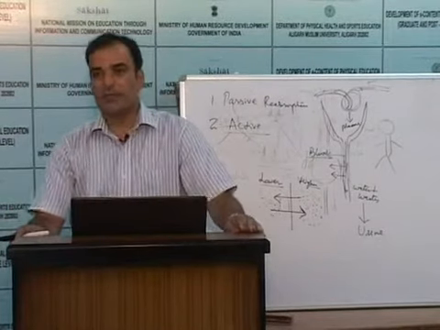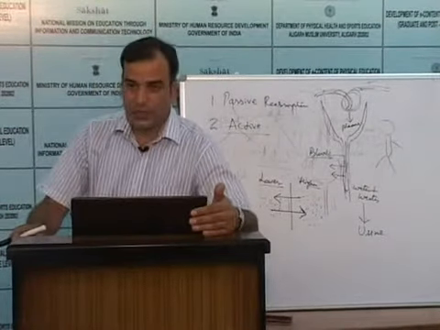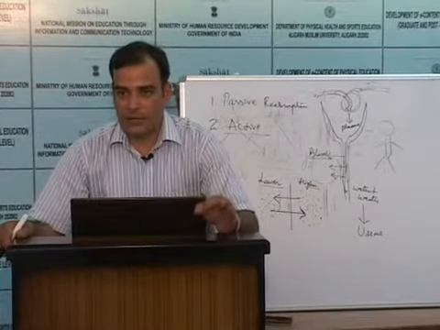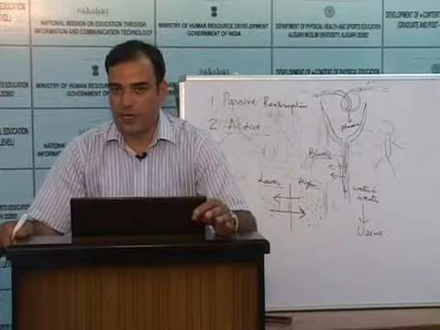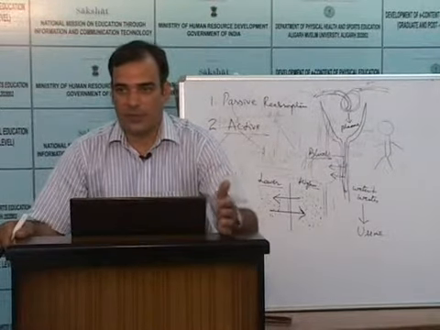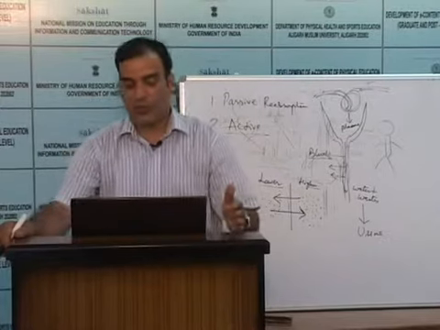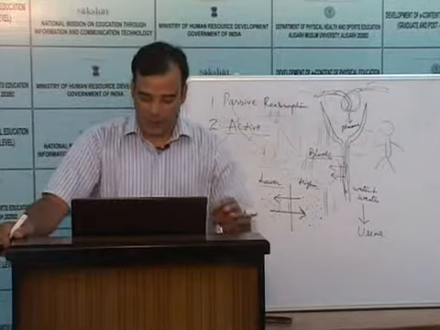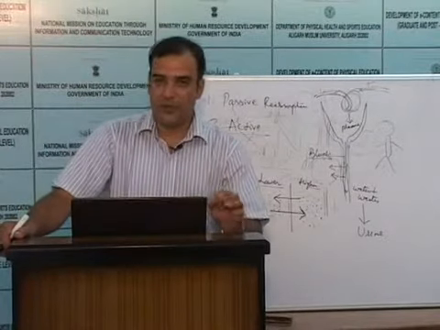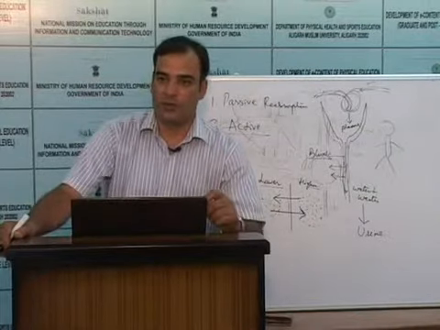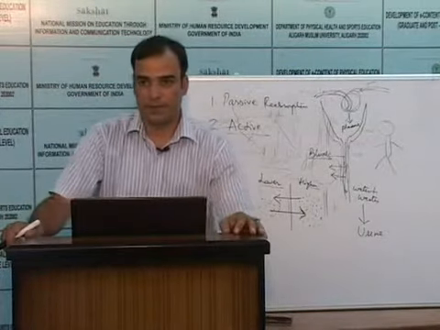Now there is a little difference in the reabsorption from PCT and DCT. Sodium in the proximal convoluted tubule is reabsorbed by active transport. It's also reabsorbed in the DCT by active reabsorption. However, in the distal convoluted tubule, this reabsorption is under the effect of the hormone aldosterone.